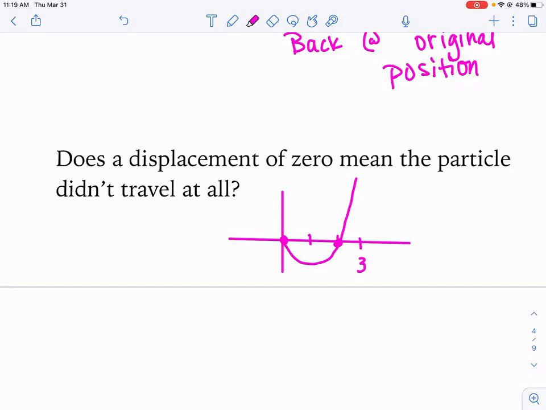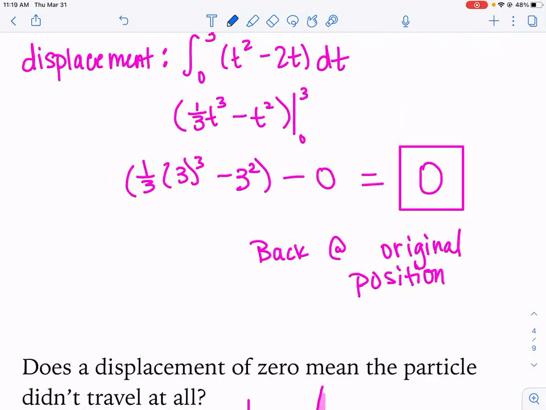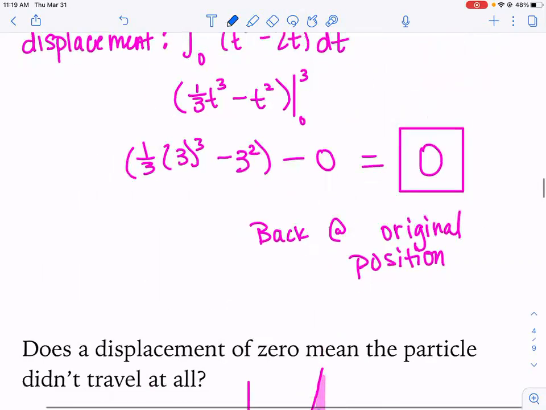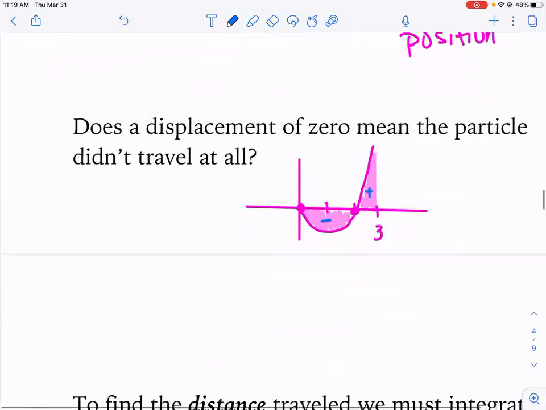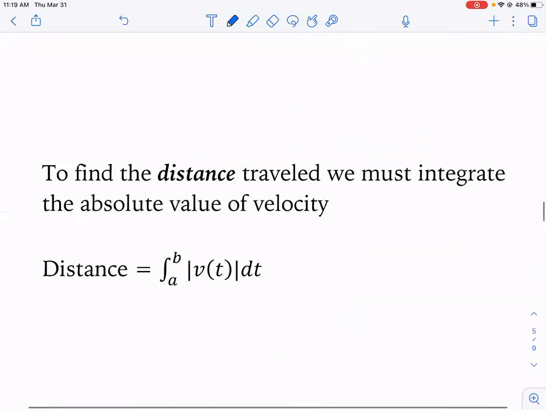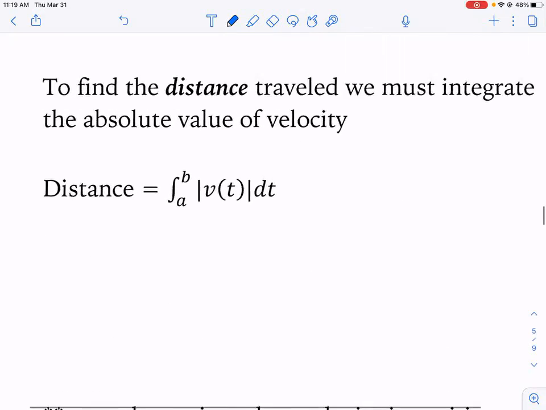Well, when we did our displacement, we took the definite integral, which means we calculated the area under the curve. This was negative area and this was positive area, and together they equaled 0. Yes. So to find distance, we got to integrate the absolute value of velocity.